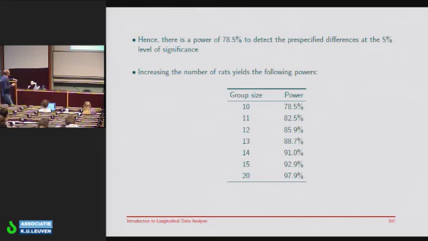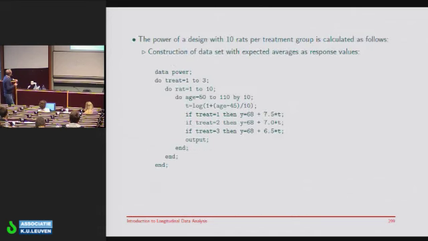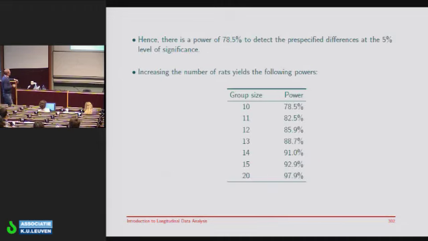If you think that's not enough, you can just increase the group size. You just run that whole program again, and you just repeat here, where is it? Rat 1 to 11, 1 to 12, 1 to 13, and you increase the number of animals per group, and then you would get the powers 82%, 85%, 88%. With 20 animals per group, you have about 98% power.